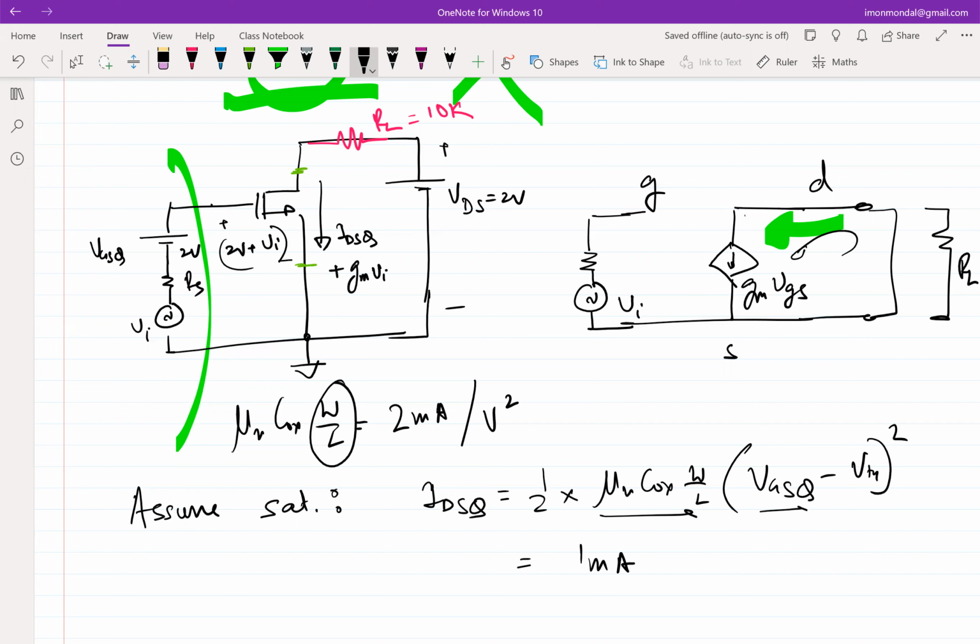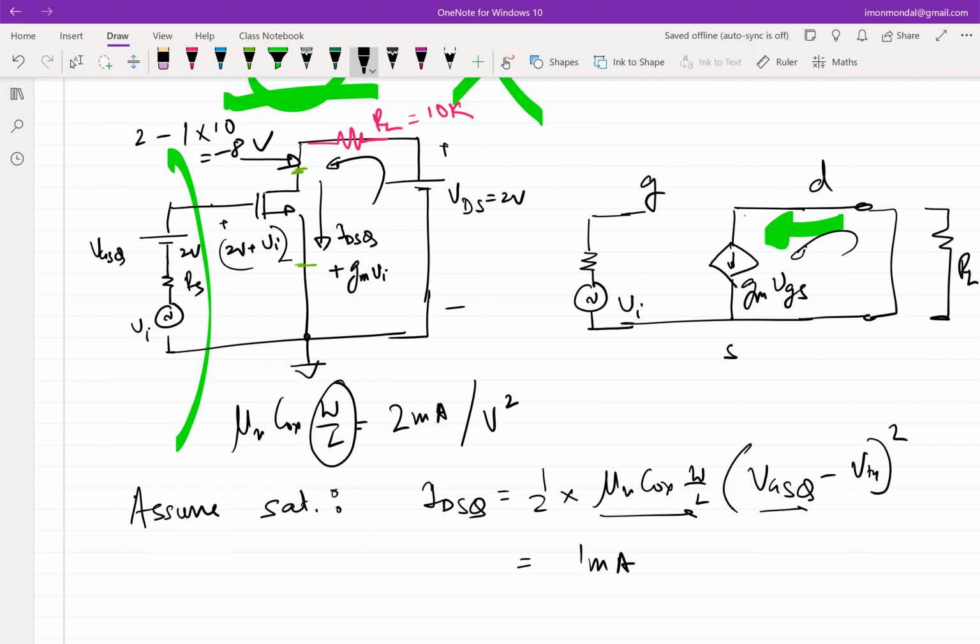Now, if 1 milliamp flows through this transistor, this 1 milliamp is also flowing through the resistor. And one side of the resistor is at 2 volt. So what will this voltage be? 2 volt minus 1 milliamp times the resistor, which means 2 minus 1 times 10, which is minus 8.